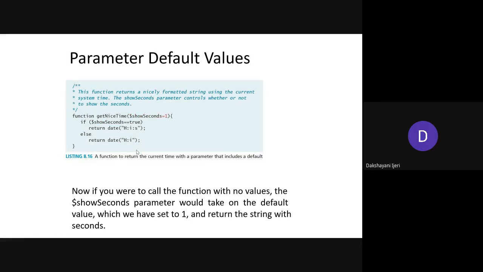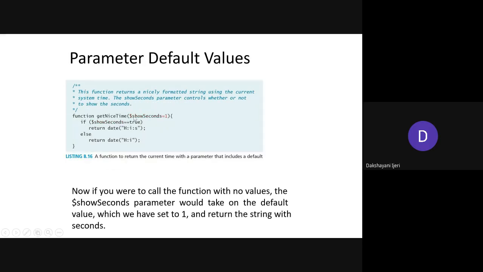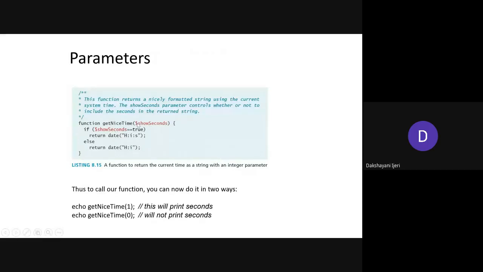You can also write the function with default values, right? As compared with the previous example where we took only the parameter, in this example we have taken the same parameter, but we have assigned some value to it. That doesn't mean that this variable is always going to contain the value you have assigned here. The difference is, without a default value, if you call this function without the parameter, it will not be executed.